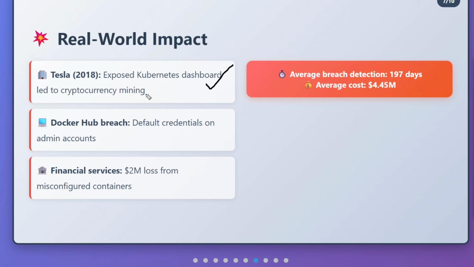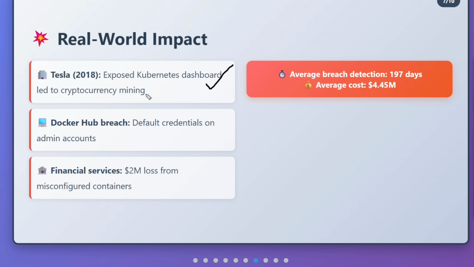What happened was, in 2018, Tesla's AWS cloud infrastructure was compromised due to an unsecured Kubernetes dashboard. Attackers gained access without authentication and deployed cryptocurrency mining malware, also known as cryptojacking. This consumed a lot of the cloud resources used by Tesla, and it exposed some sensitive internal data.